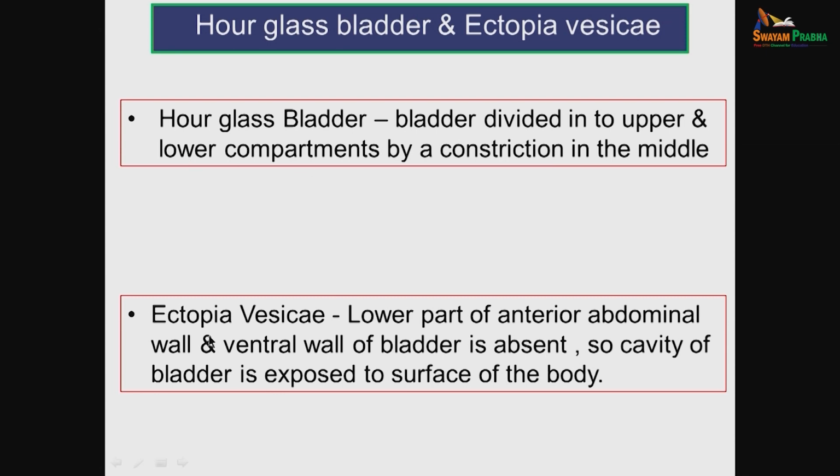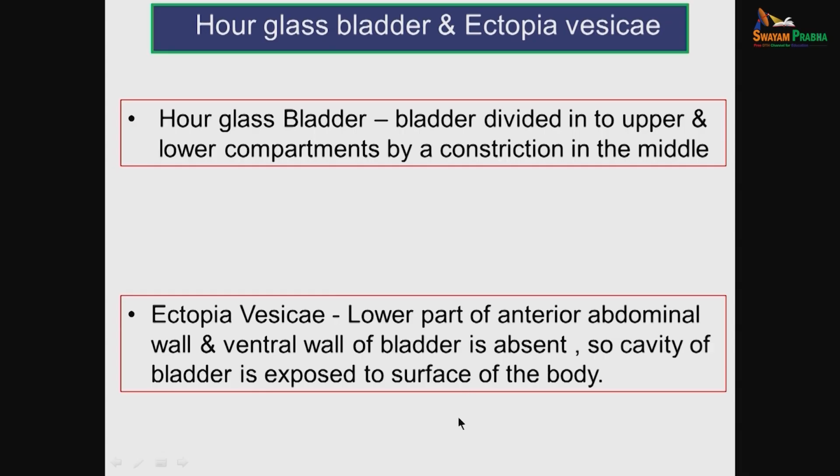There is one more clinical condition or a congenital anomaly which is called ectopia vesicae. In this condition, what happens is the lower part of the anterior abdominal wall and ventral wall of the bladder is absent. So the cavity of the bladder is exposed to the surface of the body.